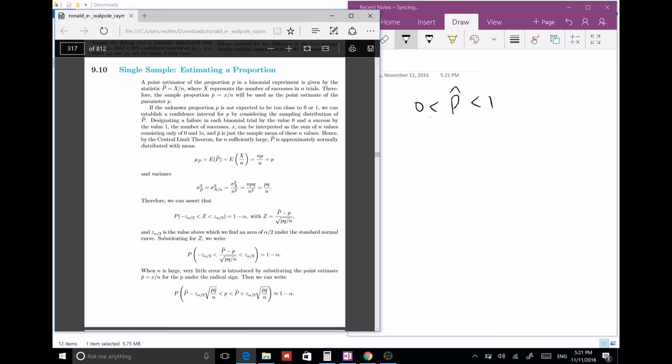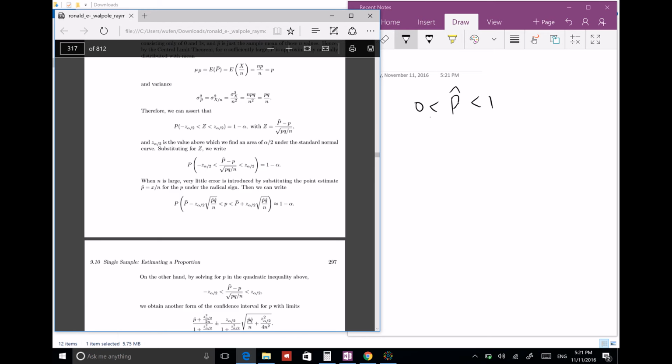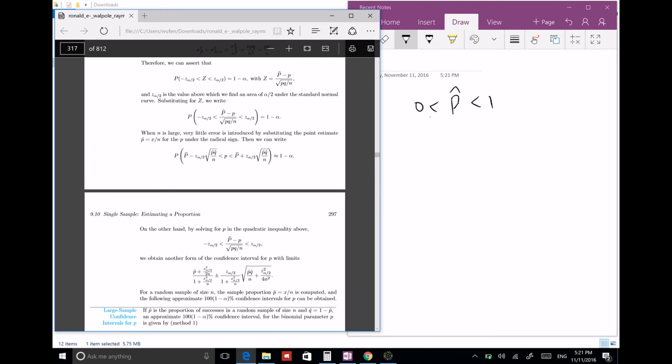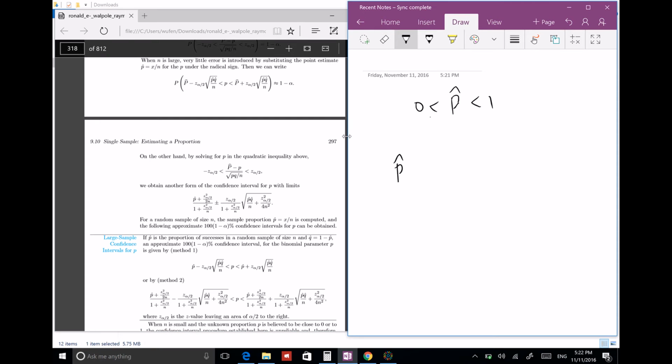If you look at the previous one, we also had a proportion, and we can use a standard normal distribution. So what is the proportion formula? You have the sample proportion, for example, the passing rate of a class.